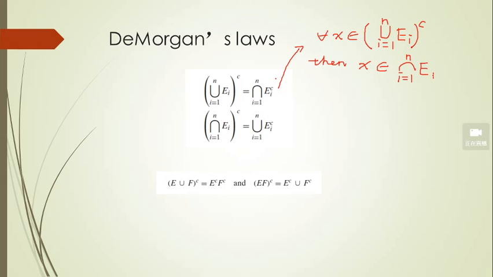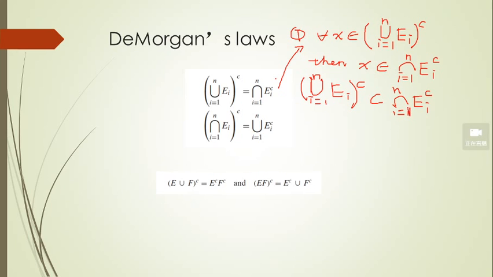That is the first part we prove. What does this mean? Any element you choose from the left side belongs to the right side, which means the left set is a subset of the right side.